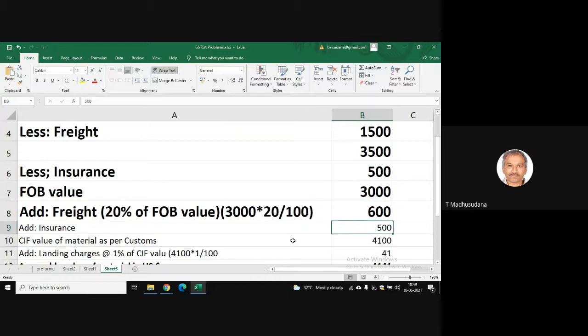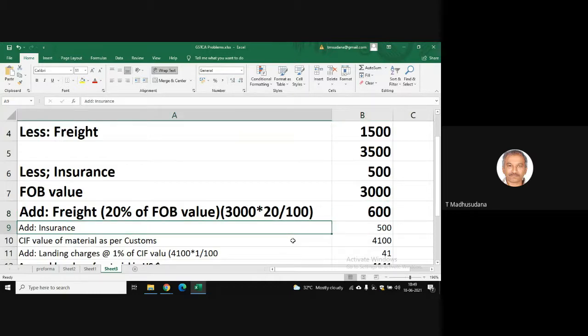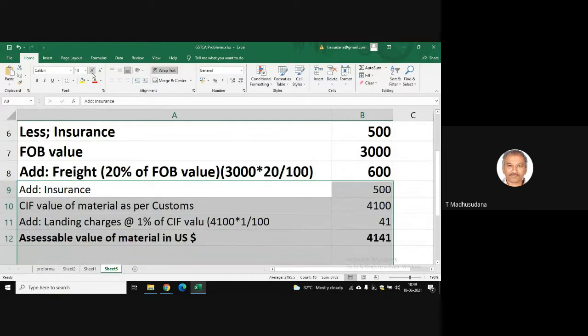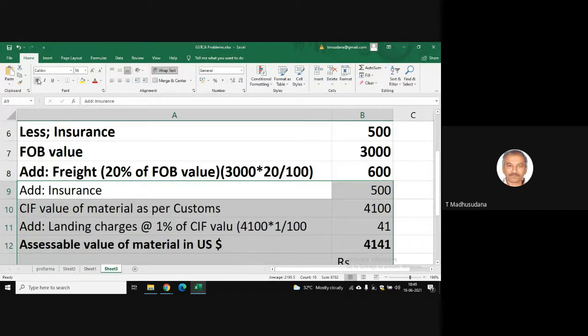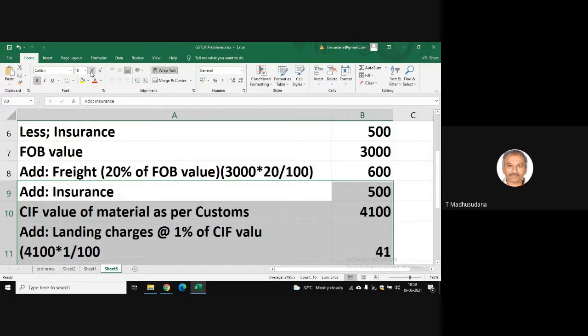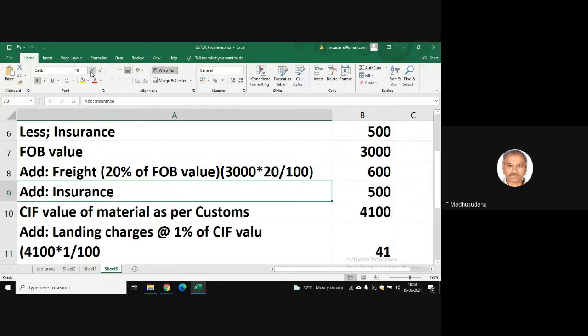Okay. Next, insurance. Insurance also has a condition. If you are not given any insurance amount in the problem, customs officers will add 1.125% of FOB value as insurance.